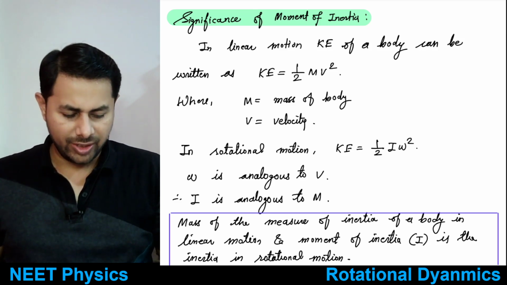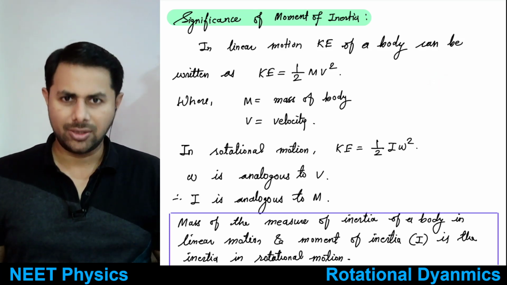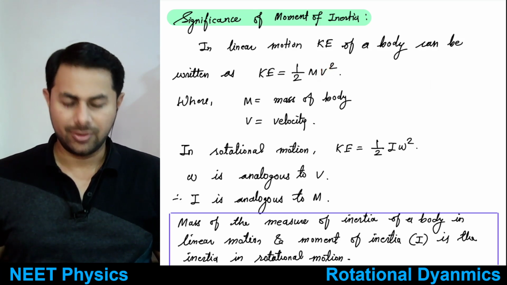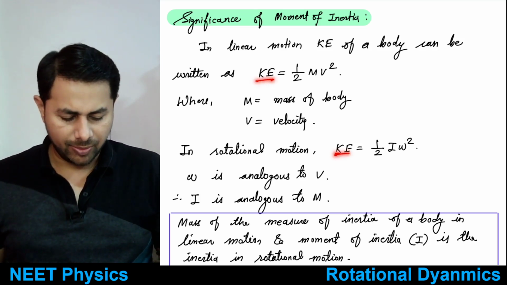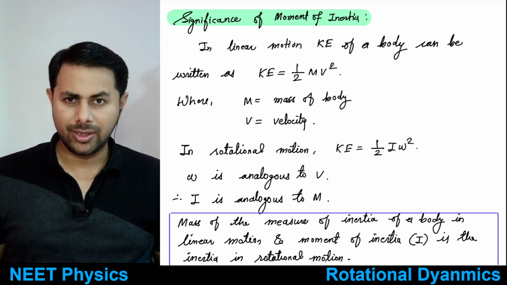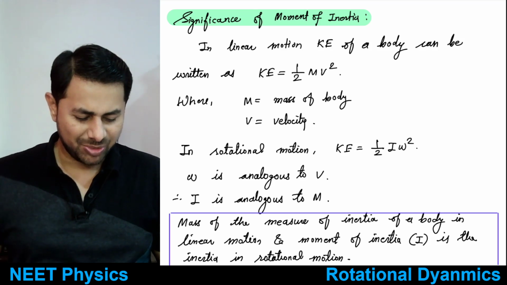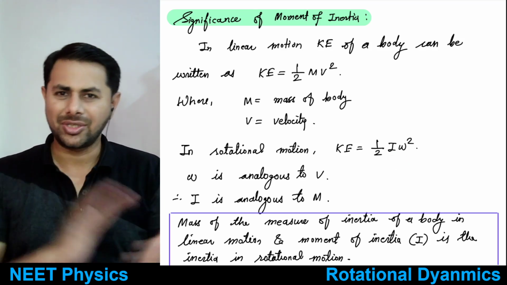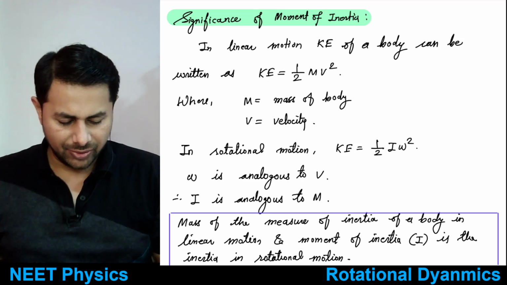See, v is analogous to omega. Omega in rotational motion is analogous to what? v in linear motion. Okay, then if we compare the formula of kinetic energy of a body moving in linear motion and a body moving in rotational motion, what do you get?